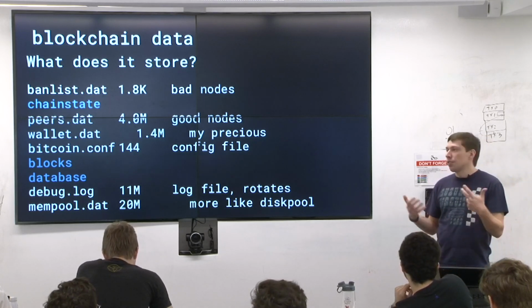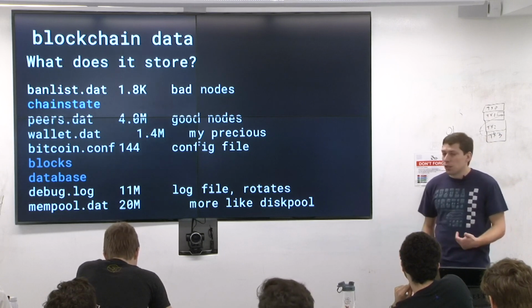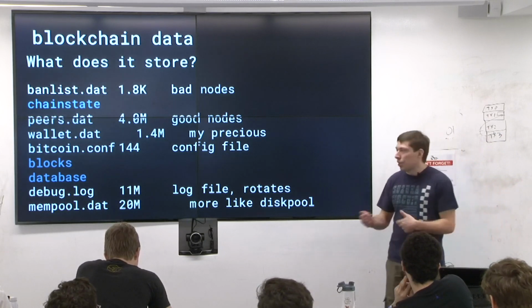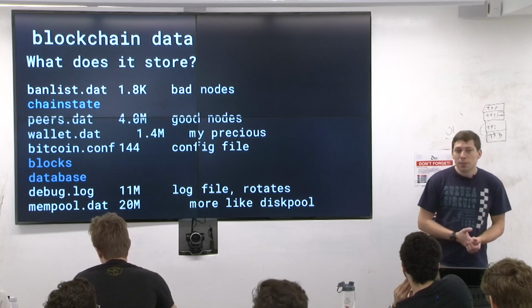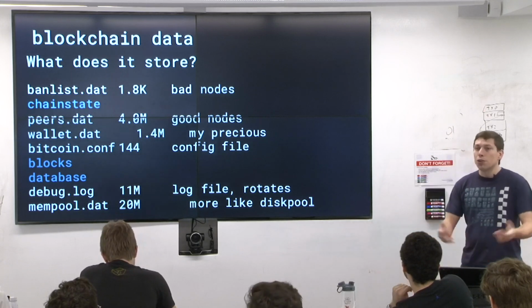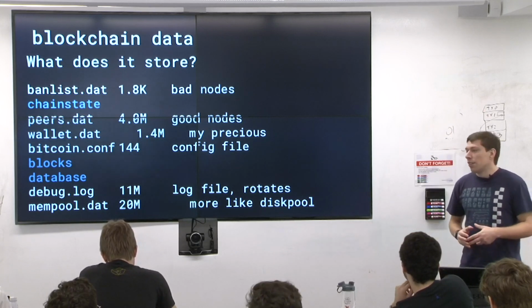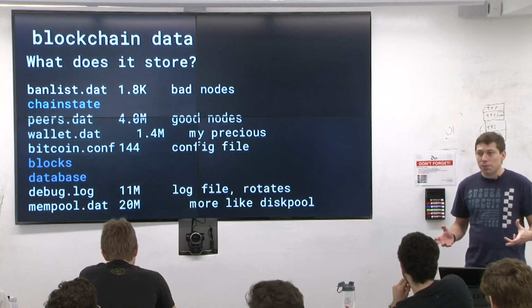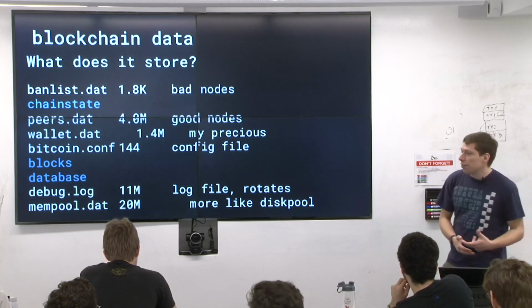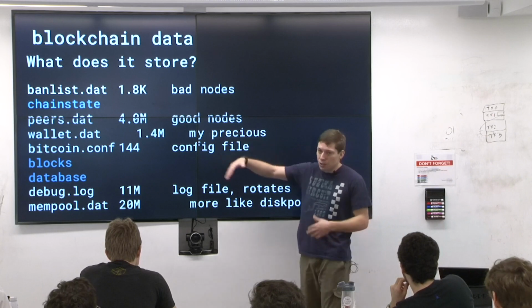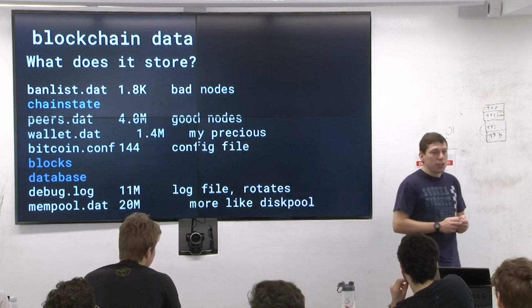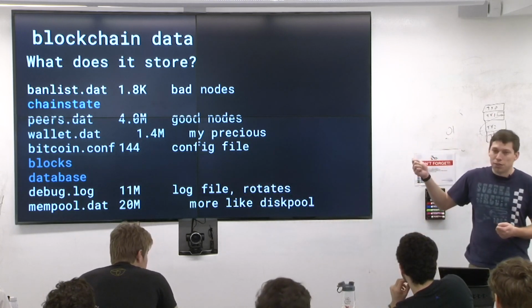So next time I start up Bitcoin, I'm going to try to connect to them. This makes the network very robust, because everyone remembers everyone else. If there's a network disruption and maybe half the nodes go off the network, you can still try to connect to the rest. And also peers will share their peers files.